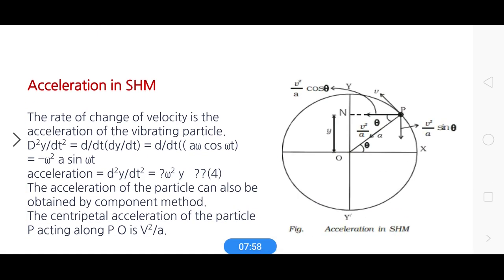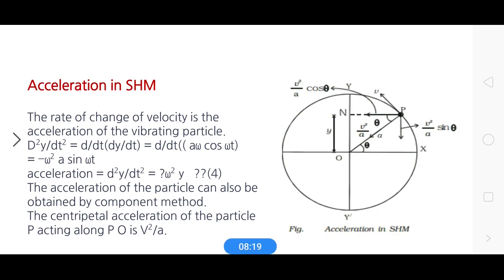Now the acceleration of the particle in SHM. From the definition of the acceleration, the rate of change of velocity is the acceleration of the particle executing SHM. So we got the relation, the velocity is equal to a omega cos omega t.